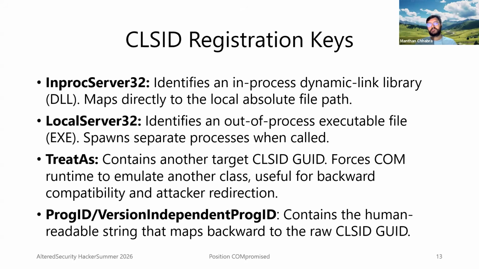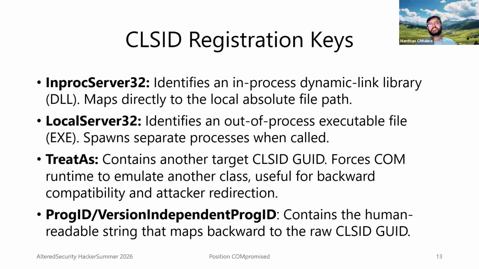Now, the sibling to the InprocServer32 key is the LocalServer32 key. This key indicates that the COM component is an out-of-process server, which is packaged as a standalone executable. When a client calls a CLSID which uses the LocalServer32 path, the Windows operating system does not load any code into the client's memory.